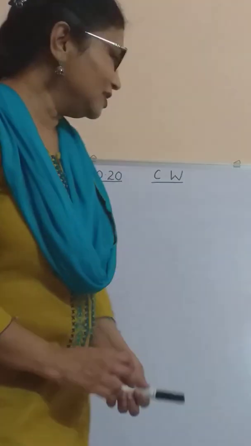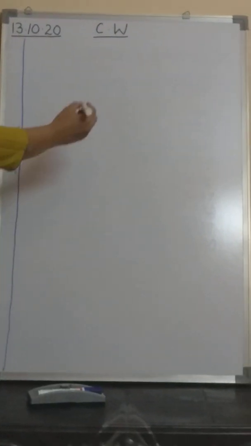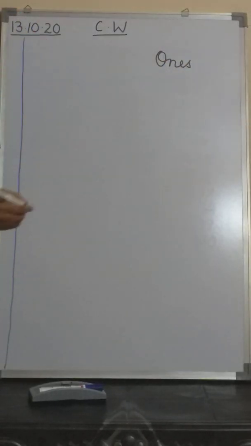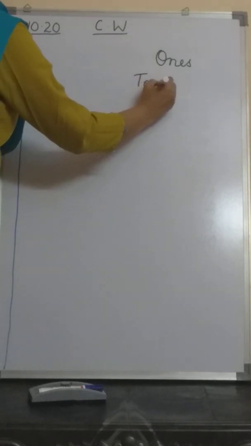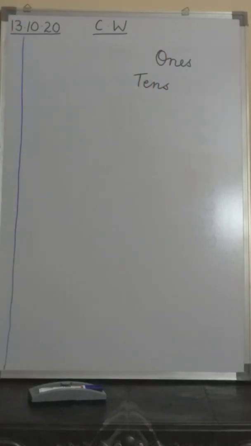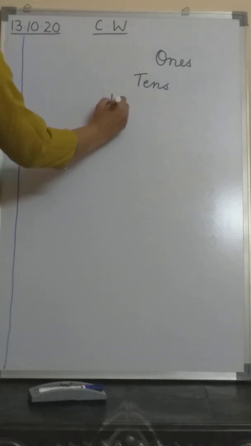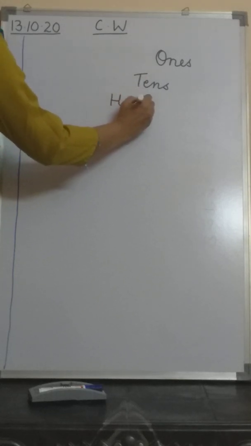First we are going to learn our place value. O is ones, then T is tens. Then H is hundreds.